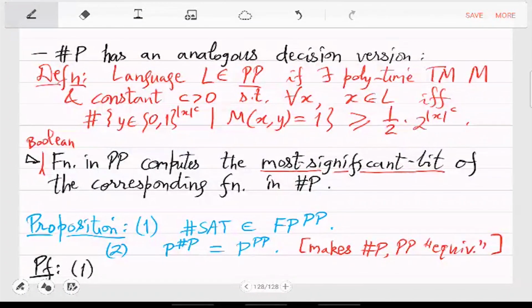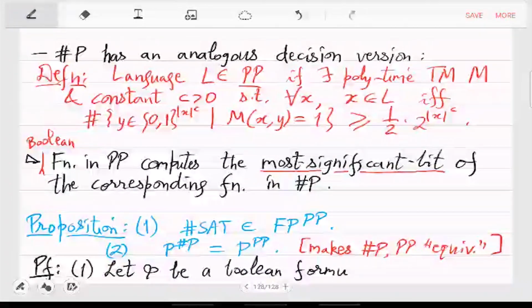So the key thing is to show the first property, which is how do you compute the number of satisfying assignments if you know that the satisfying assignments are at least half. So let phi be a Boolean formula given in the input in variables x1 to xn.